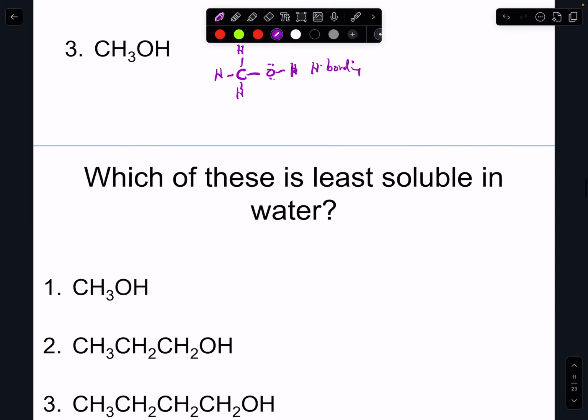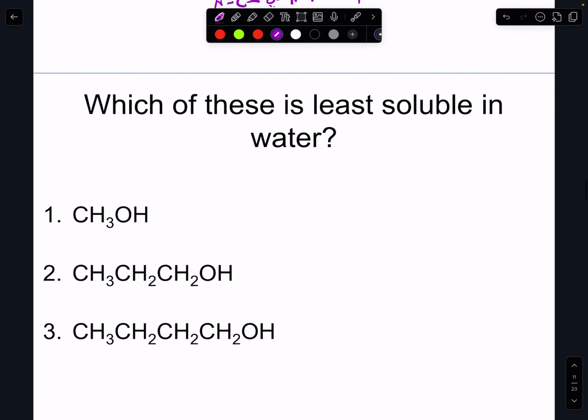Okay, which of these will be least soluble in water? So here are three different alcohols, methanol, 1-propanol, and 1-butanol. And the idea is each of these has an OH group, a group that will hydrogen bond to water. And the other thing is that it has these hydrophobic groups.